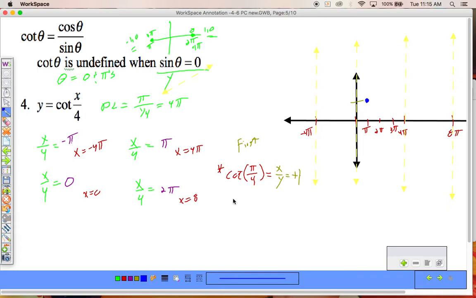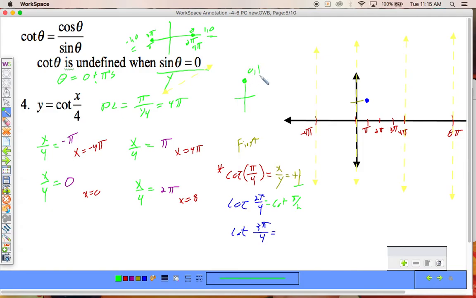So when I plug in the next one, the cotangent of 2 pi over 4 and the cotangent of 3 pi over 4, using the same idea as my pattern. If my first answer is a positive 1, because this is going to be the cotangent of pi over 2, at the top, my ordered pair is 0, 1.